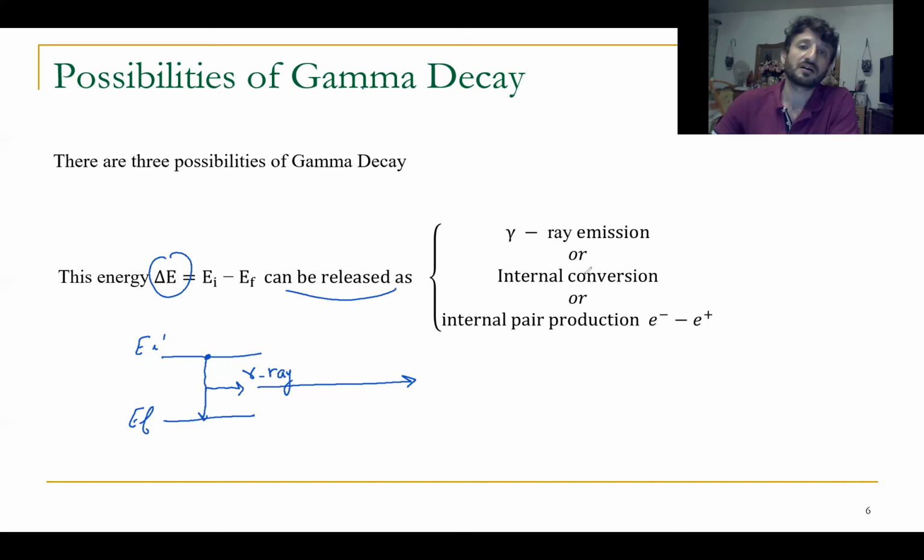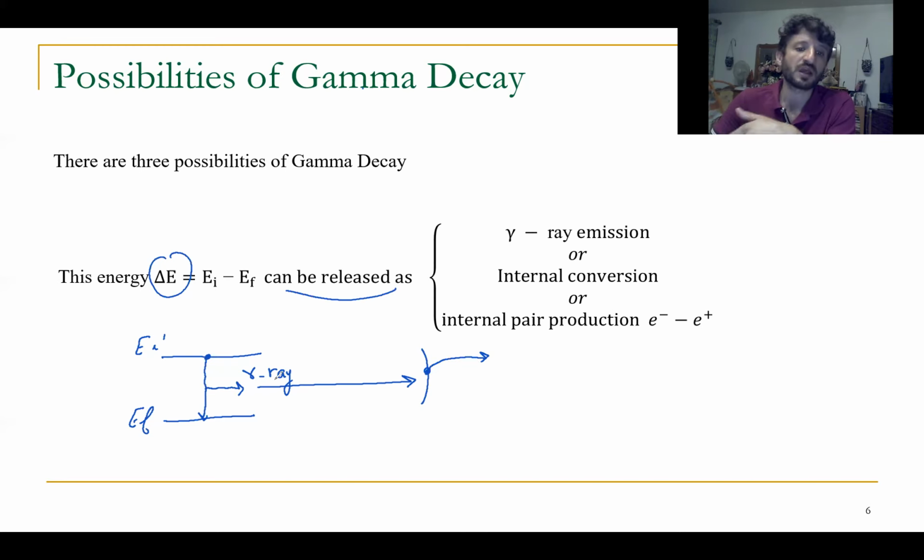The second possibility: this gamma ray can be converted to one electron. The gamma ray will hit one electron in the outer shell, K, L, M, N, and this electron will be knocked out of the atom.